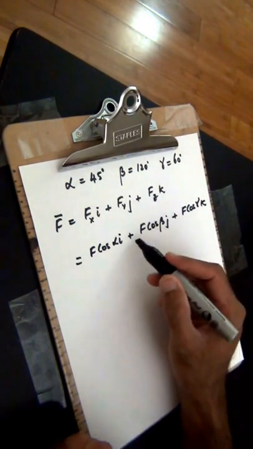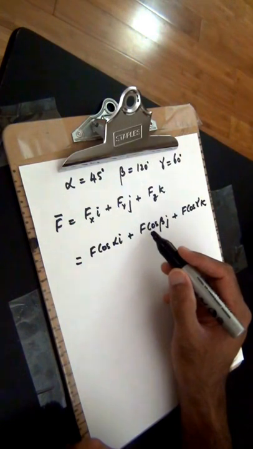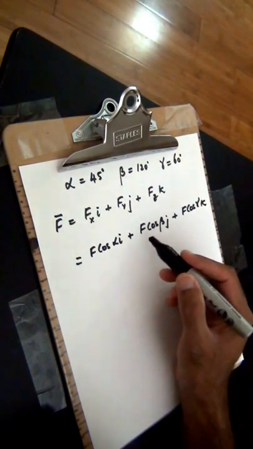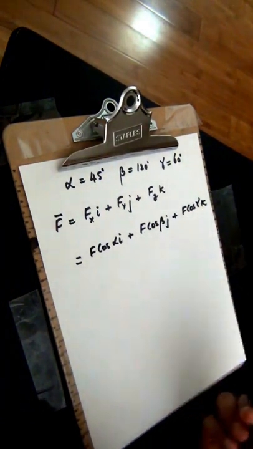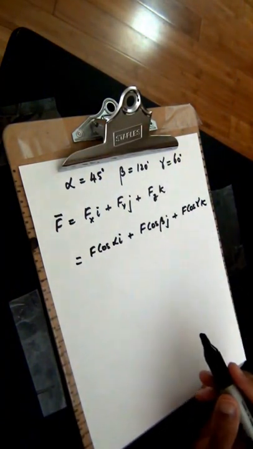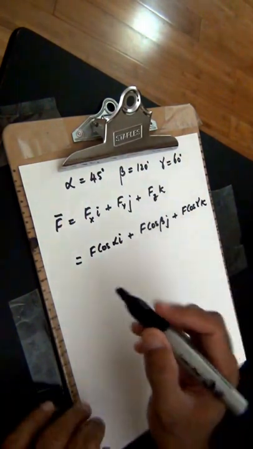Notice that I did not substitute a negative sign for the j component, even though we know that perhaps the component of F in the y direction is going to be negative, because cosine beta was going to give me minus half. You still call it a positive sign and you let the vectors take care of that, right?